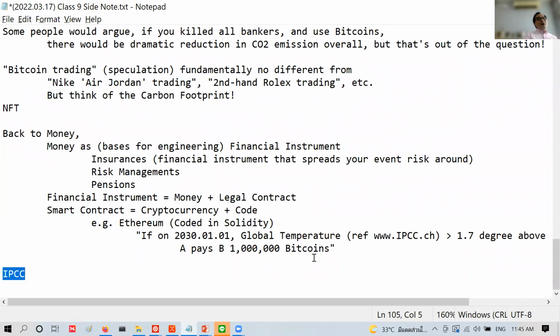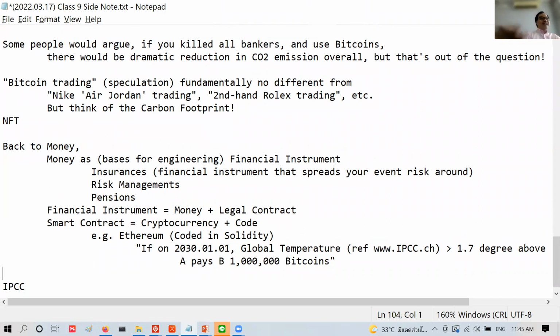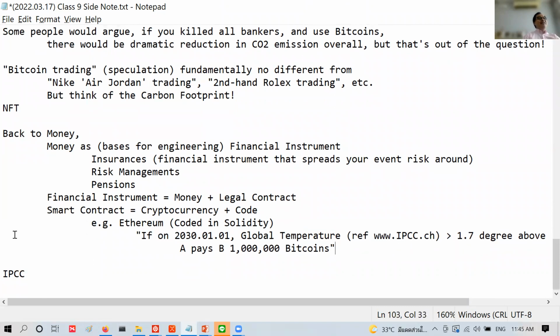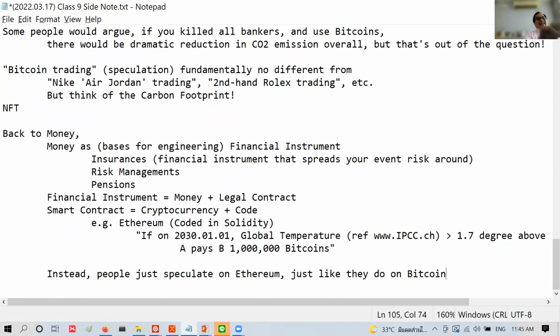I don't know how much happiness from 1 million Bitcoin you will get at that time. So this has not taken off. Instead, what do people use Ethereum for? Anybody? You guessed it. Instead, people just speculate on Ethereum, just like they do on Bitcoin.